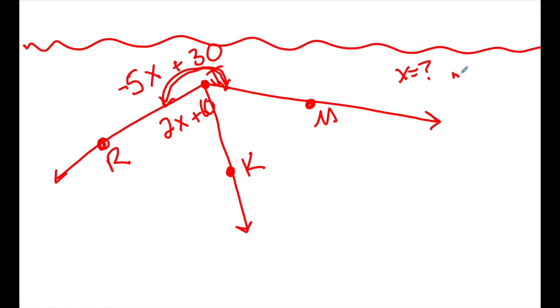I need to know what the measurement of RJM is, and what RJK and MJK are. So take a second. Please pause the video and try to solve this. Then I will show you how to solve before we move on to closing words. So please pause, try to solve, and when you're ready, unpause, and I'll show you how to solve.